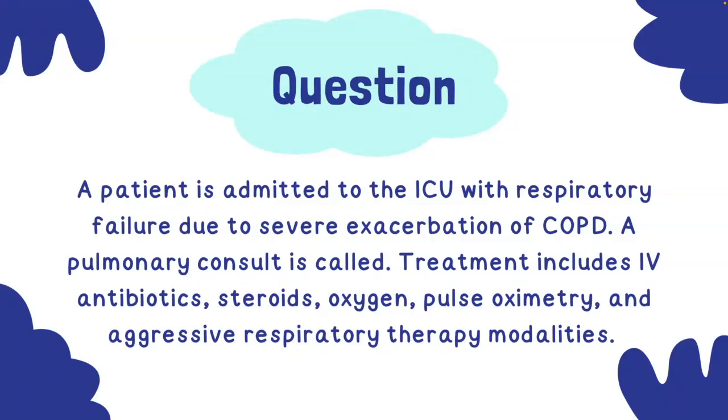So, what is your answer? Since these would be treated equally, either could be sequenced as principal. The respiratory failure and the COPD would get the same stuff: IV antibiotics, steroids, oxygen. So, either could be principal.